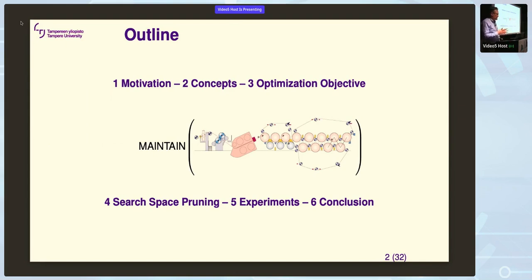This conceptualization and the objective gives us the background for the current research, where we try to improve the efficiency of the ASP solver in this particular case. And then I present some experiments and conclusion.